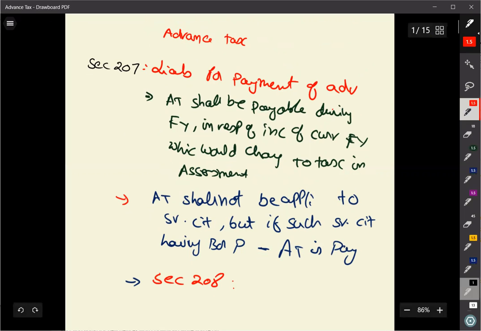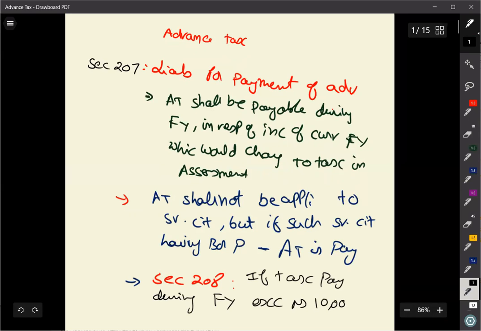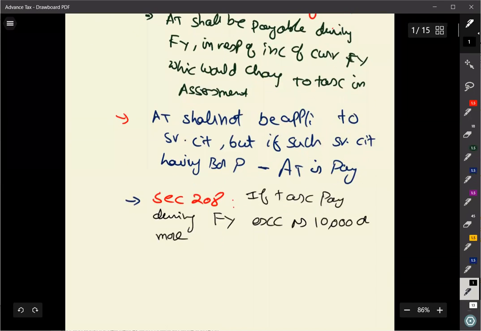So advance tax is payable if the tax payable during the financial year is 10,000 rupees or more.